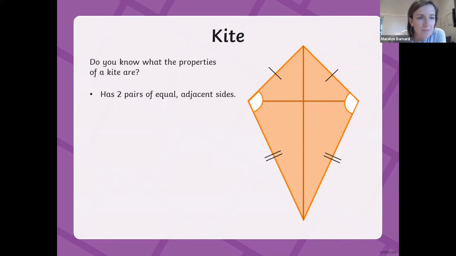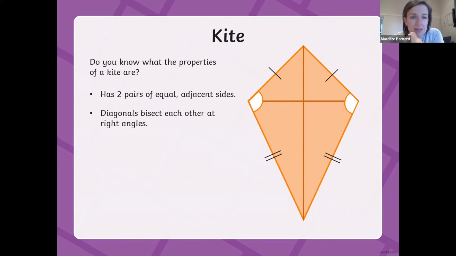Okay, let's see. Back to the kite. Two pairs of equal adjacent sides. The diagonals bisect each other at right angles. And then one pair of opposite angles are equal. And that's it. What else did you guys say? The diagonals are perpendicular.